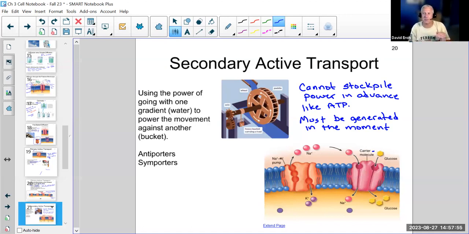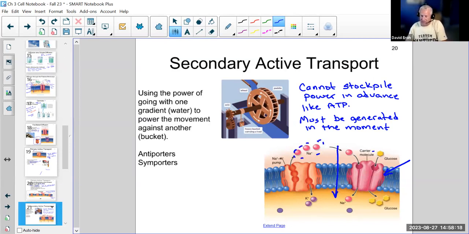You cannot stockpile this. So typically, this is being done by molecules that are diffusing into the cell. For example, here is a little glucose transporter. There's more sodium outside the cell because of the sodium potassium pump. It wants to come in.